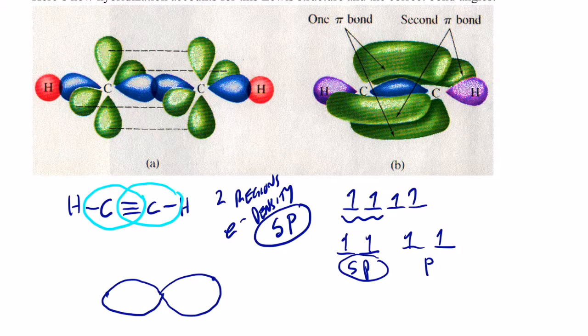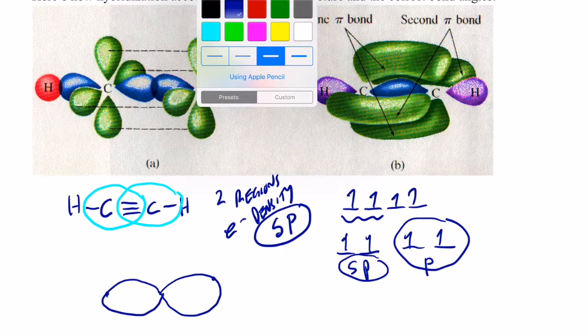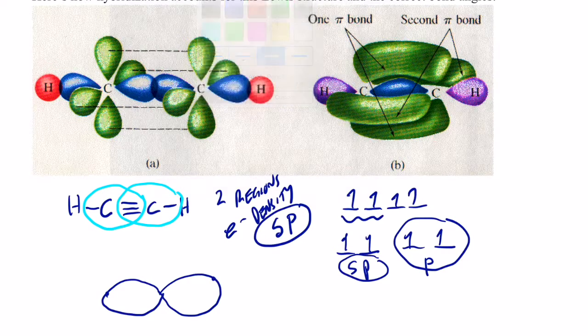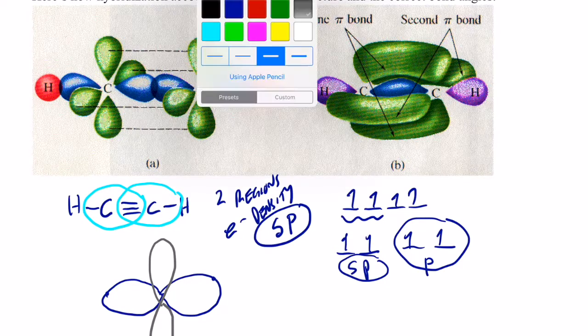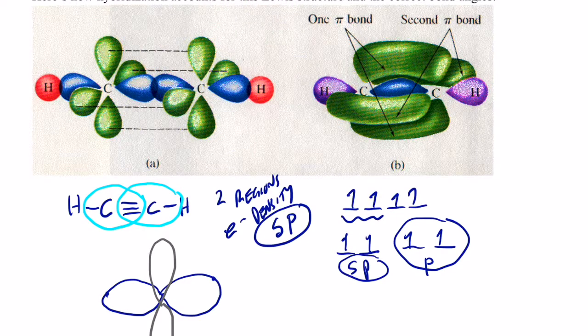Now this becomes a little bit more difficult to draw. We have these 2 p orbitals that are not hybridized. So what are they going to look like? Well, one of them, let's use a different color here, folks, can be on this y-axis here with 1 electron in it, and then here's the tough one to draw. The other one we're going to draw coming in and out of the page.